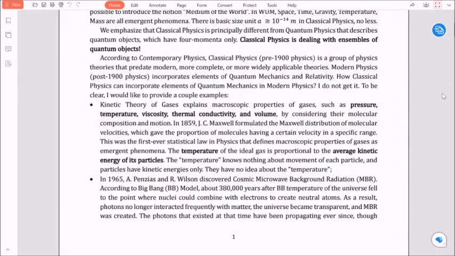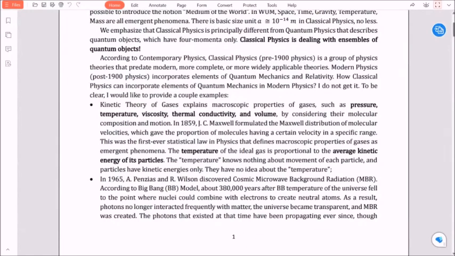Kinetic theory of gases explains microscopic properties of gases, such as pressure, temperature, viscosity, thermal conductivity, and volume, by considering their molecular composition and motion. In 1859, Maxwell formulated the Maxwell distribution of molecular velocities, which gave the proportion of molecules having a certain velocity in a specific range.